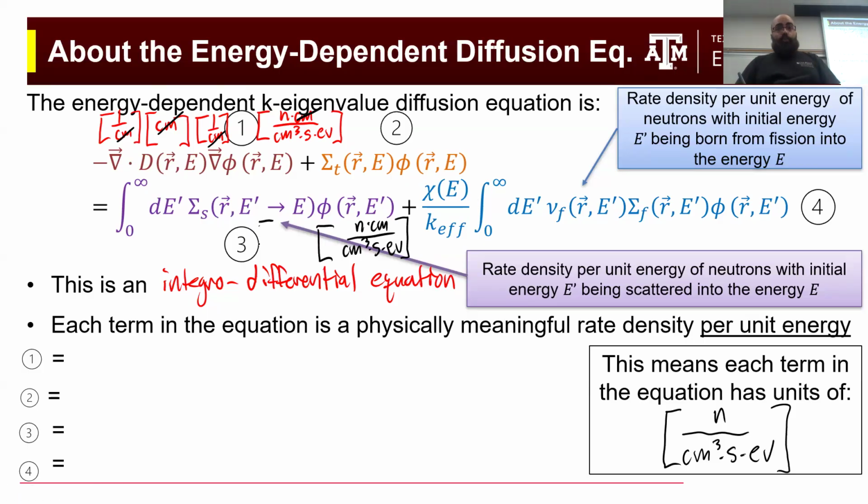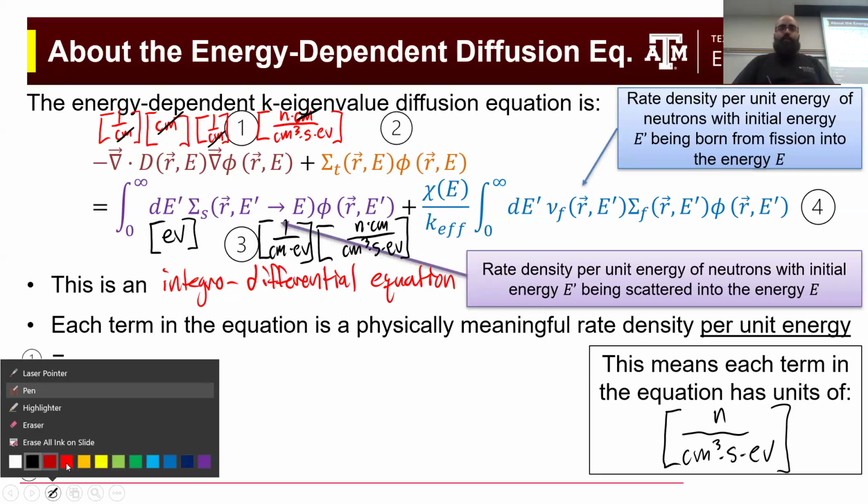So that's my differential scattering cross section, which means it has units of inverse length, 1 over centimeters, and inverse energy. But then dE prime also has units of energy. That's like an energy width, so that has units of energy as well.